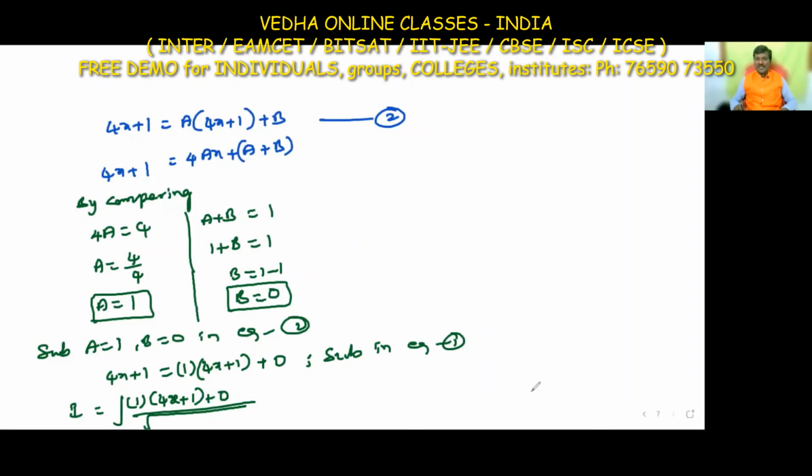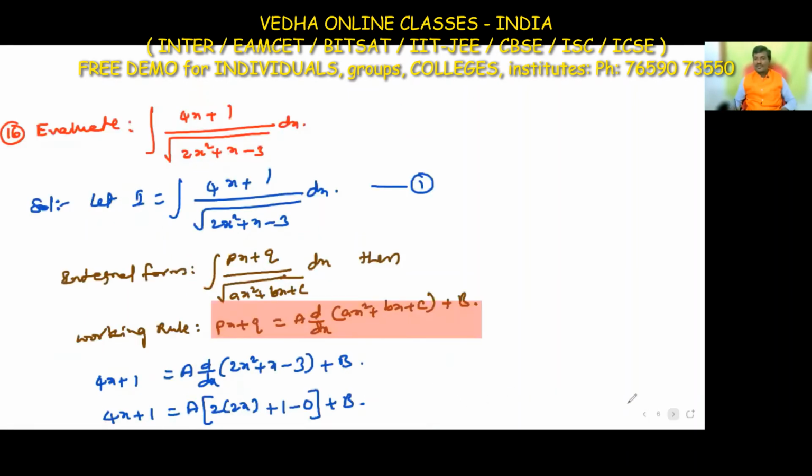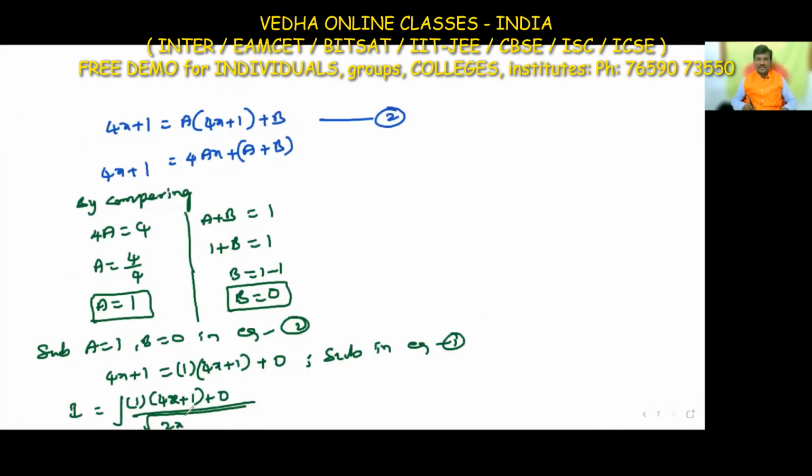So this equals f'(x) over √f(x), which is 2√f(x): 2 into the root of (2x² + x − 3) plus C.